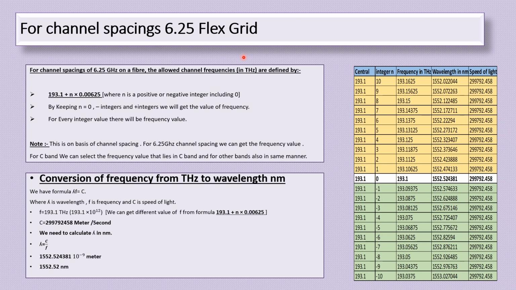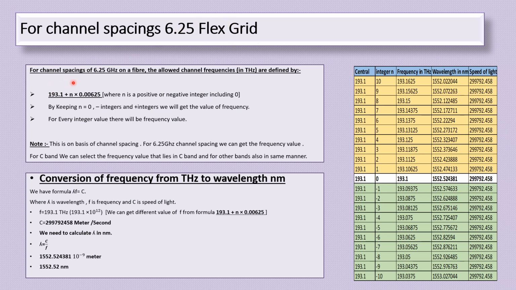In the fixed grid, we saw that we use 12.5 gigahertz, 25 gigahertz, 50 gigahertz, and 100 gigahertz channel spacing, where the slot width and the channel spacing are both fixed. But in FlexGrid we use the fixed channel spacing of 6.25 gigahertz, and we have the availability to choose the channel slot width. This is the beauty of FlexGrid.